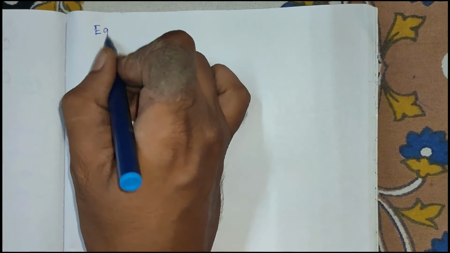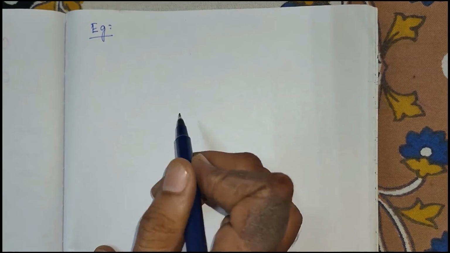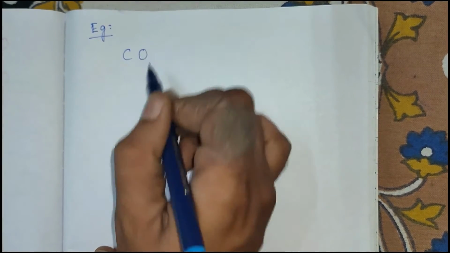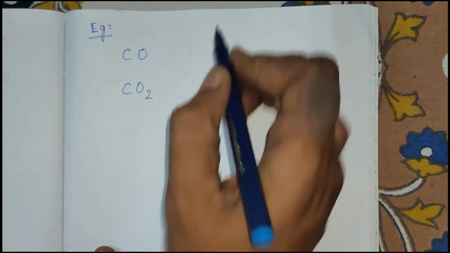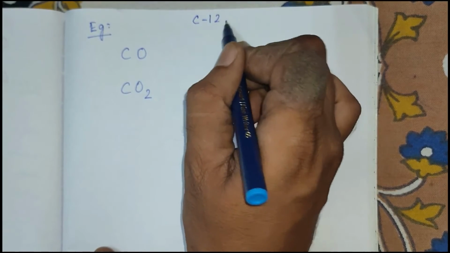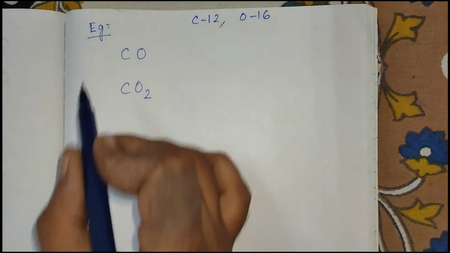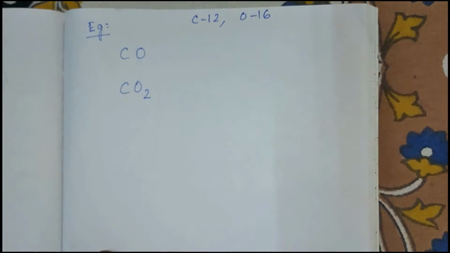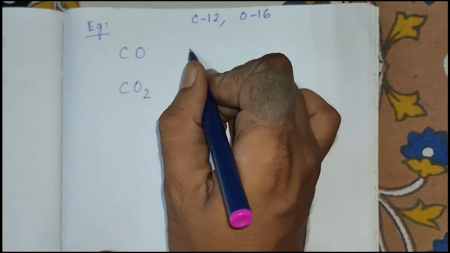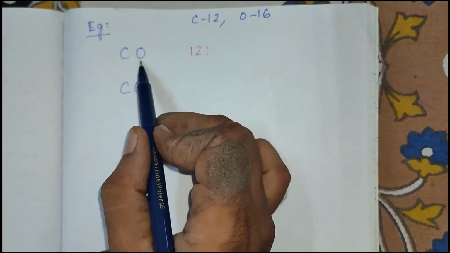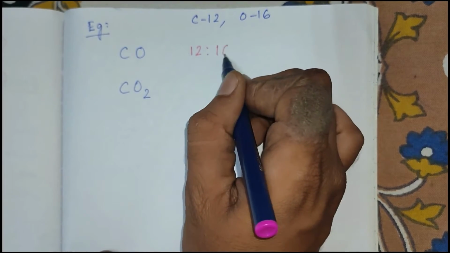Example 2, I am going to take oxides of carbon: carbon monoxide and carbon dioxide. The atomic mass of carbon is 12 and that of oxygen is 16. Now you look at the ratio. Carbon is 12. You have only one oxygen, so 16. 12 is to 16.